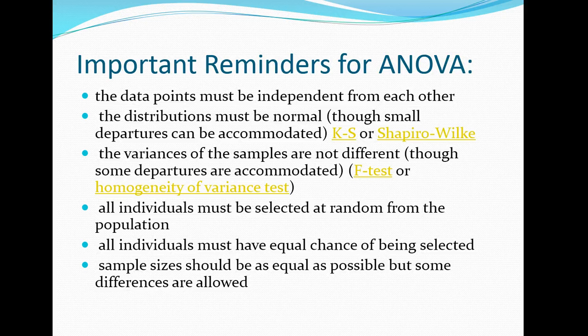If your F-test is significant and you reject the null hypothesis when you're running your ANOVA, then you need to consult a statistician, and I think you have to use the non-parametric equivalent of ANOVA, which is the Kruskal-Wallis H test.